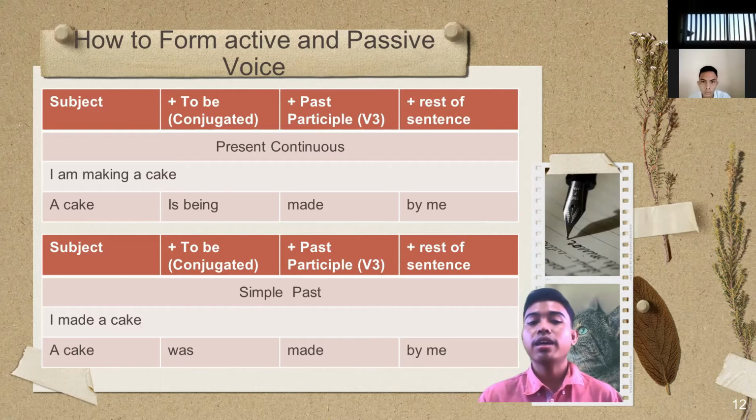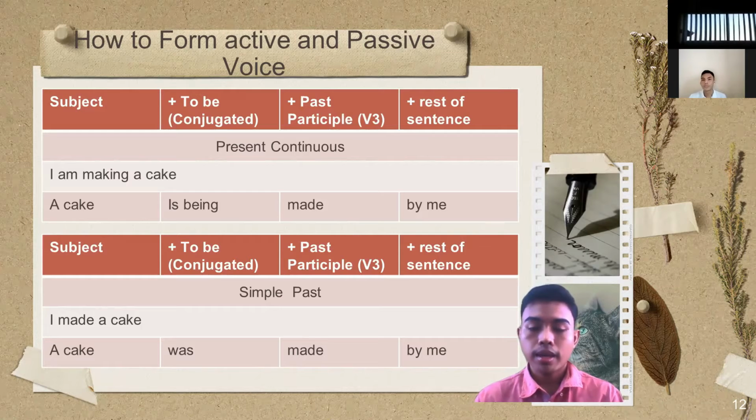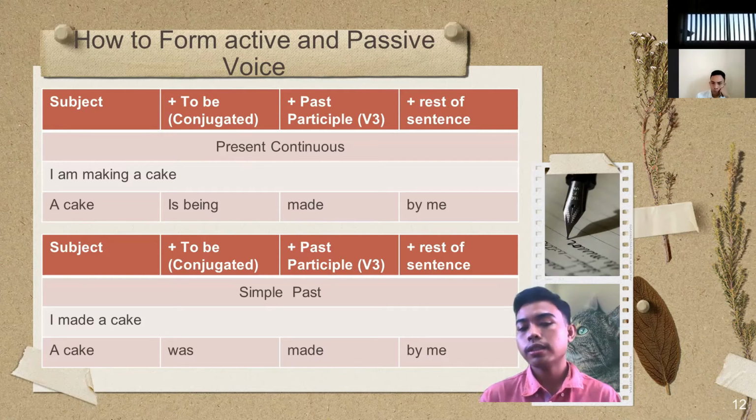The subject is a cake, the to be is being, the verb 3 or past participle is made, and the rest of the sentence is by me. Next, simple past tense. The example is I made a cake. The subject is a cake, the to be is was, the verb 3 or past participle is made, and the rest of the sentence is by me.